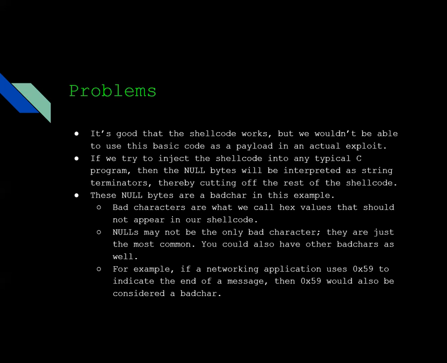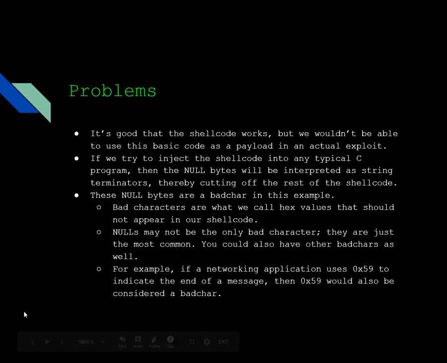It's just the byte that's being used to indicate the end of a message has occurred. If you had an application like that, then you would also have to avoid using hex 59. But in the programs that we're going to be exploiting next week, we only have to worry about null bytes as our bad character. So for now, we're just going to focus on the null bytes.